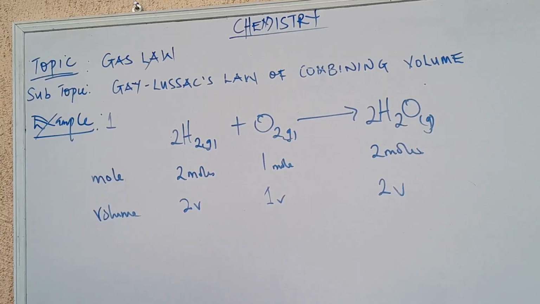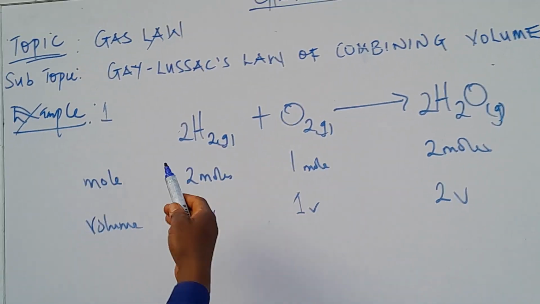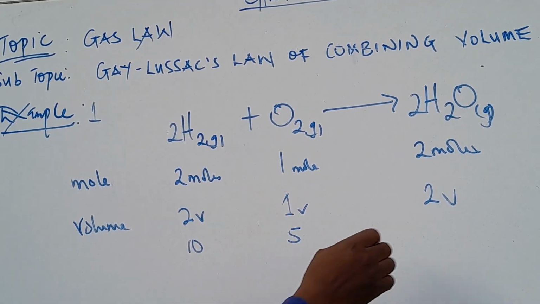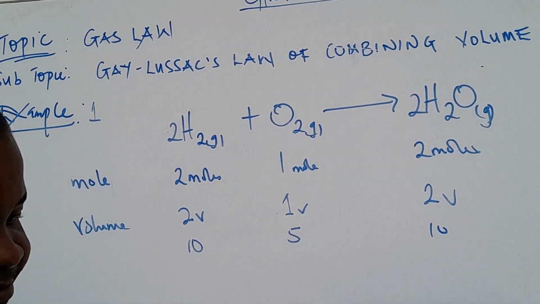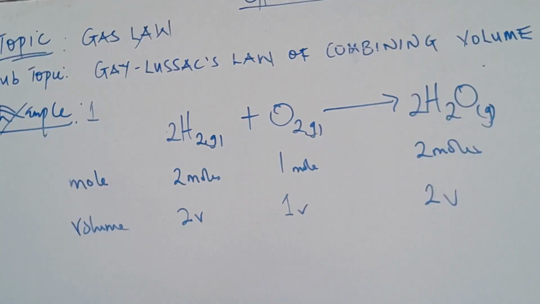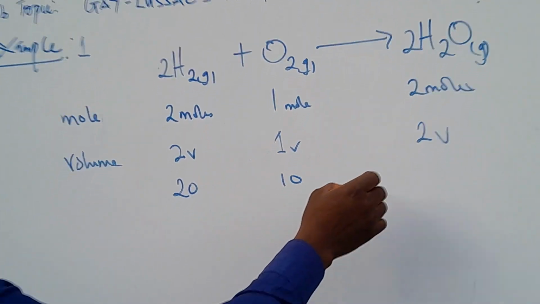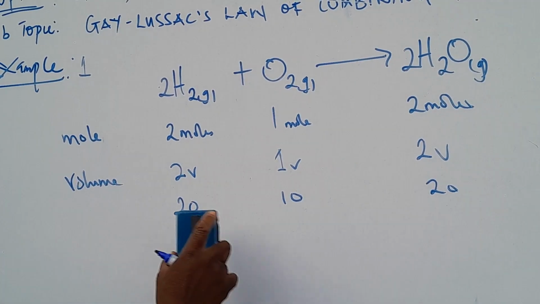In other words, if I have 10 here, by virtue of this reaction I'm supposed to have 5 here, and 10 here. Or for instance, if I have 20 here, I'm going to have 10 here and 20 here. That's what these things talk about.